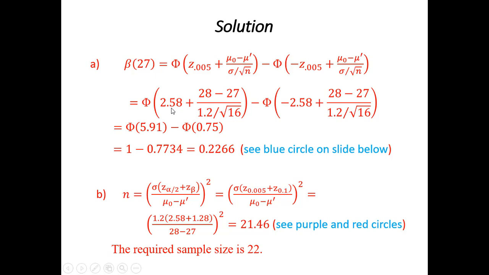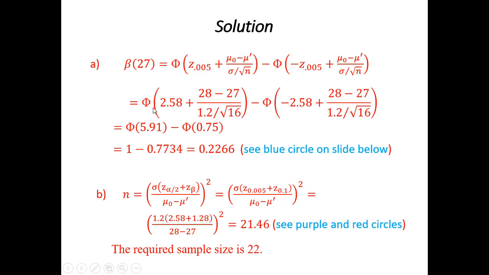We've looked at that a couple times already. And again, the normal distribution is symmetric, so over here minus z of 0.005 is minus 2.58. Over here in the numerator, I have the hypothesized mean, which is 28. Mu prime, 27. Again, that comes from here. The population standard deviation was given, and the sample size 16 was given.